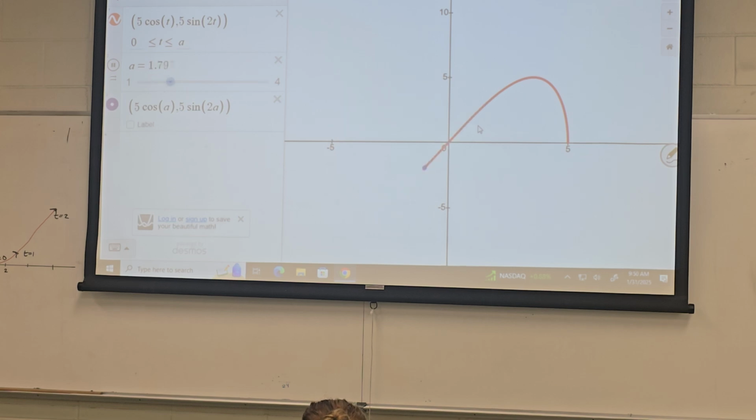You want to now plug 1 into this equation. You're in degrees. Let's put radians.